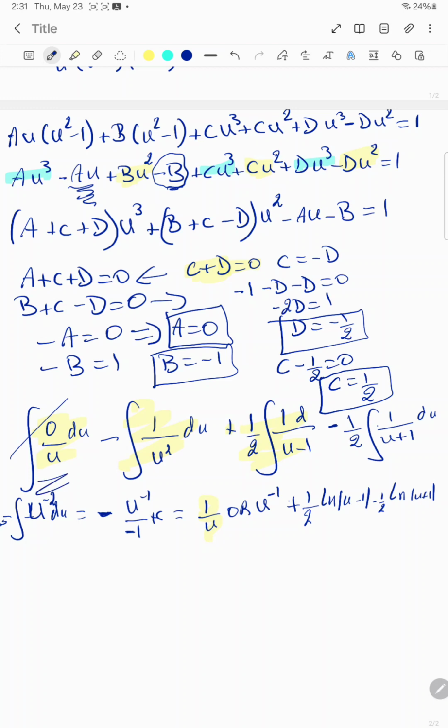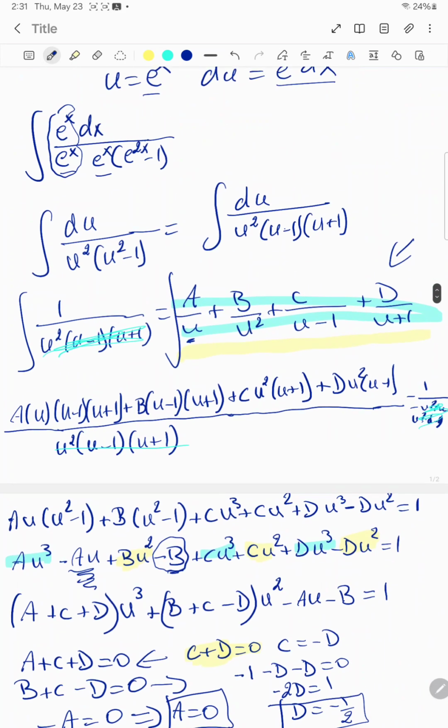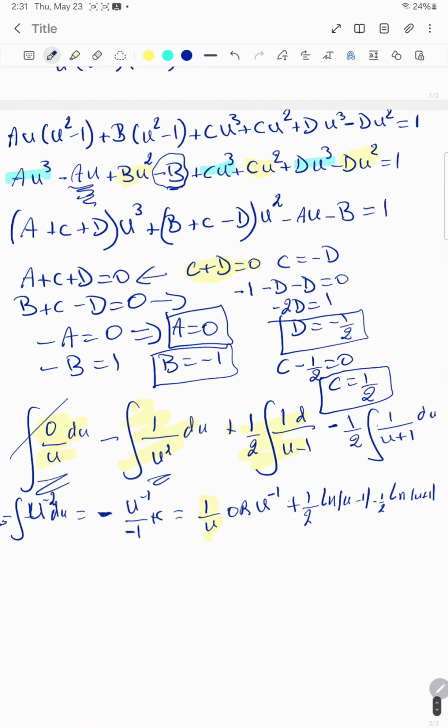So as we said, this is equal to 0, and this is equal to u minus 1, but I know u is equal e to the power of x. So it becomes e to the power of minus x, plus I can put 1/2 ln of u minus 1 minus ln of u plus 1.